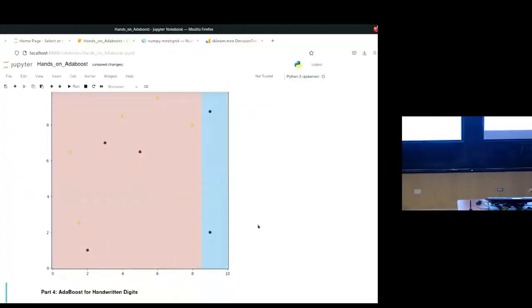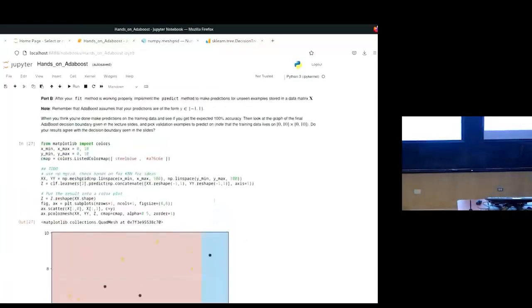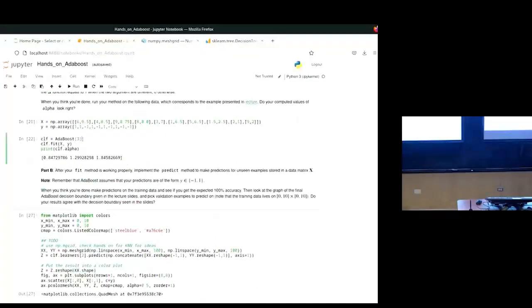Yeah. So now it's got just the 5 yellows correct. And if we increase the rounds, I would assume the fourth one is going to predict these correct. So let's just do 4 rounds and see what we get. I'm just guessing.